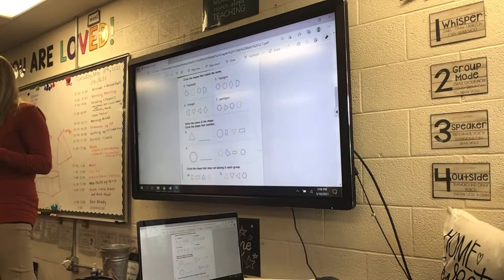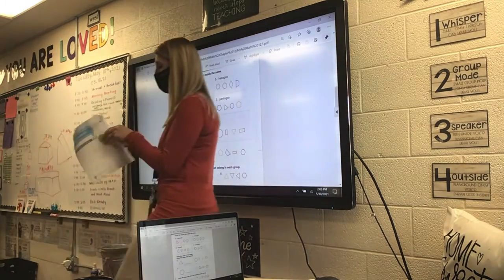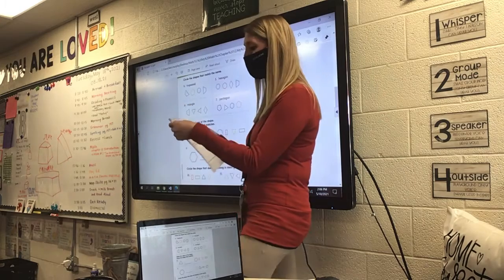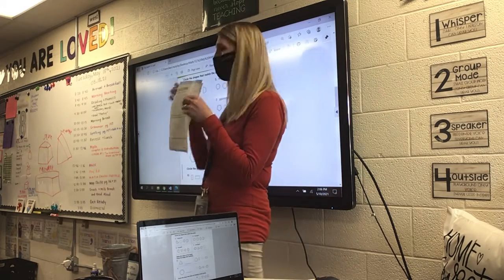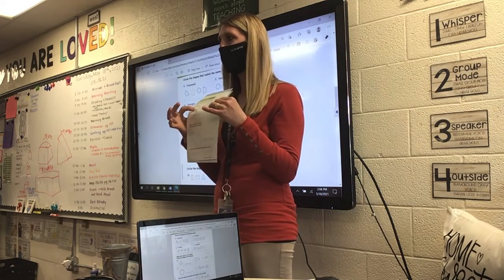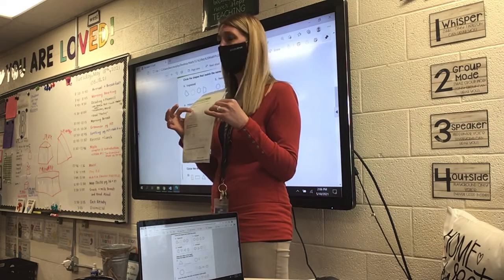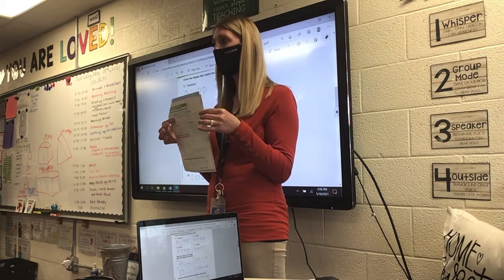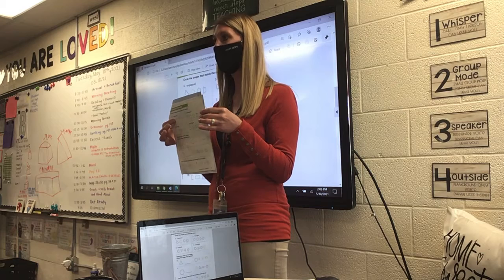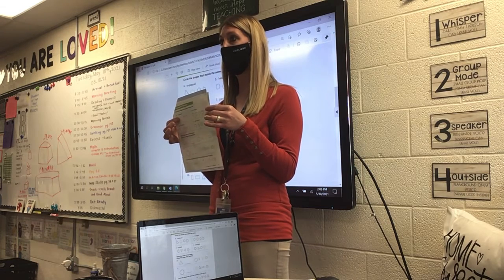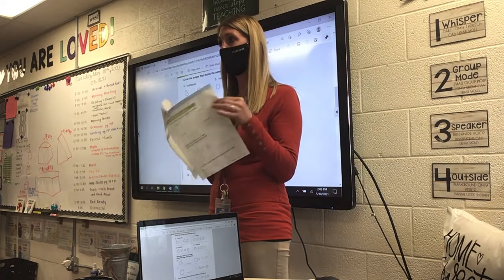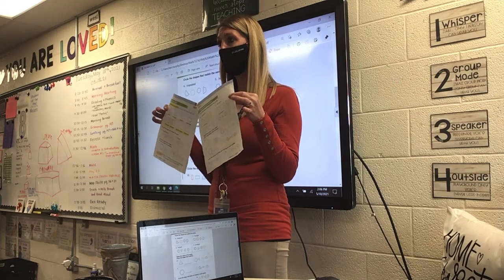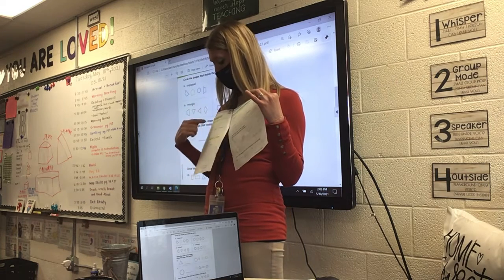I'm going to borrow Carson's for a second here. If I am working on the top, and I'm on the word trapezoid, and I know Mrs. Murphy doesn't have those signs up yet, where do you think I can look back for some clues? Ellie? Right where it says trapezoid hexagon.